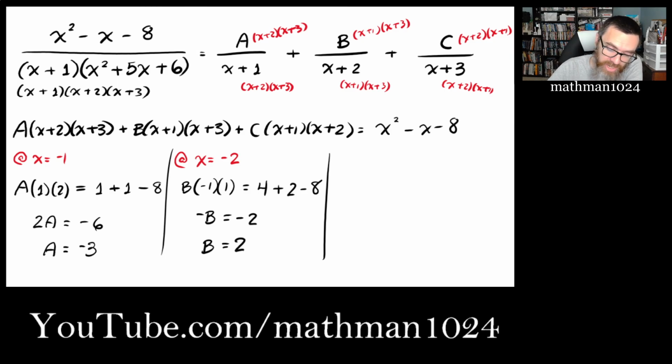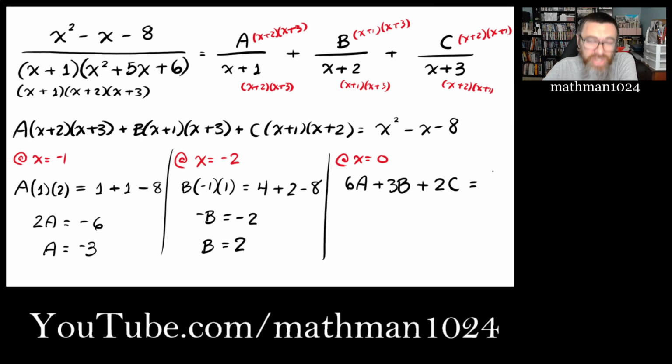So we could say what happens when x is equal to 0? So when x equals 0, you'll have 2 times 3 times A, so it's going to be 6A plus 1 times 3, so that's 3B plus 2C equals, you plug in 0 on the right, you just have negative 8.